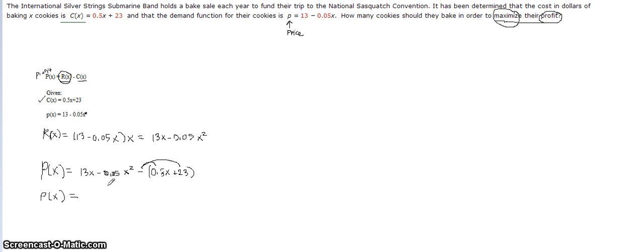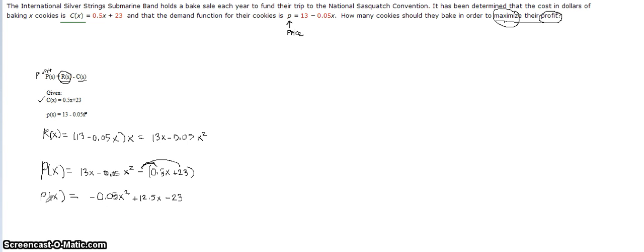And as I write them in descending order of power, I'm going to get negative 0.05x squared. When I do the minus 0.5x from the 13x, I'm going to get plus 12.5x. And I'm going to have a minus 23.